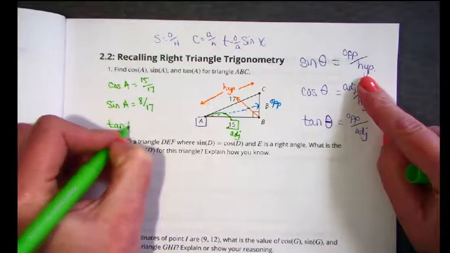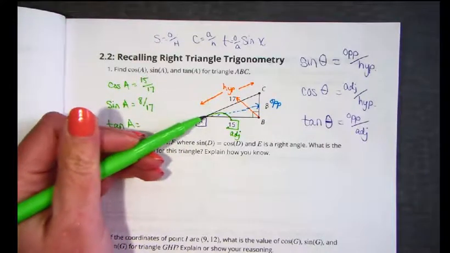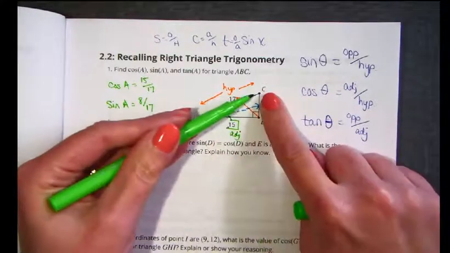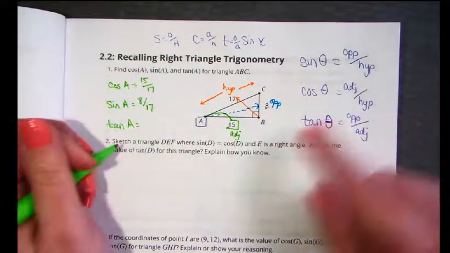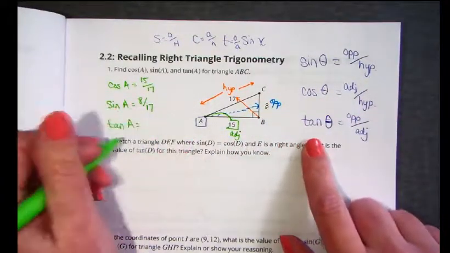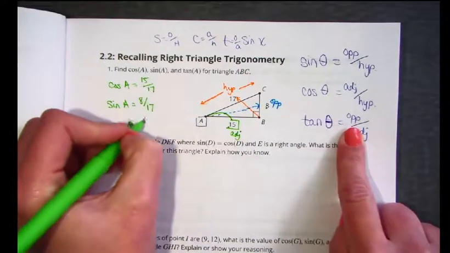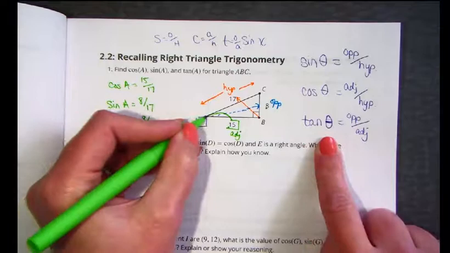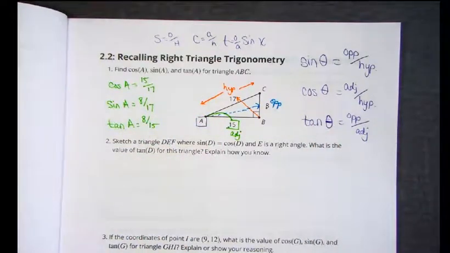And the tangent of angle A, now I keep saying angle A because if we change which angle we're working with, the opposite and adjacent sides are different. So you always have to think about what angle you're starting with. Tangent of A, opposite of A is 8, adjacent to A is 15. And now we've got some neat ideas going on there.